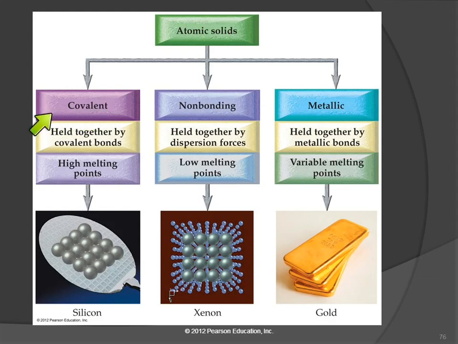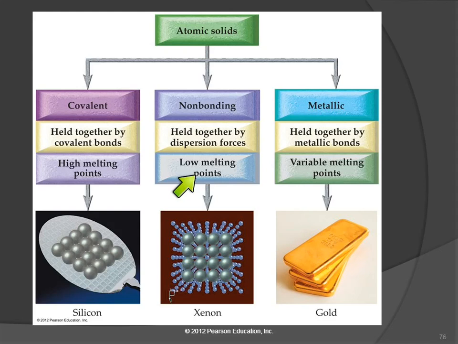Covalent atomic solids are held together by covalent bonds. They tend to have high melting points. An example would be silicon. The silicon atoms are actually covalently bonded together. And we also have non-bonding atomic solids. These are only held together by intermolecular forces, and the only one atoms have is dispersion forces.